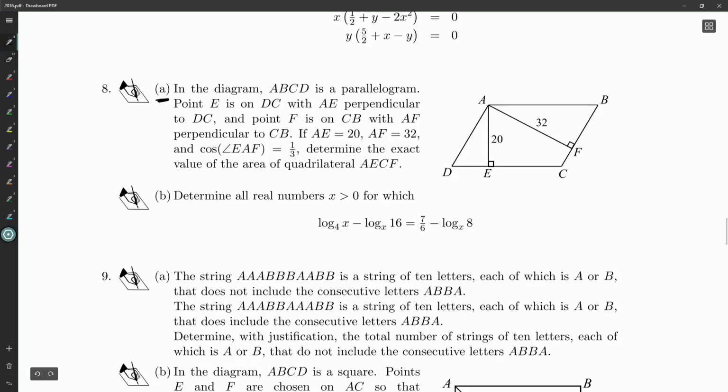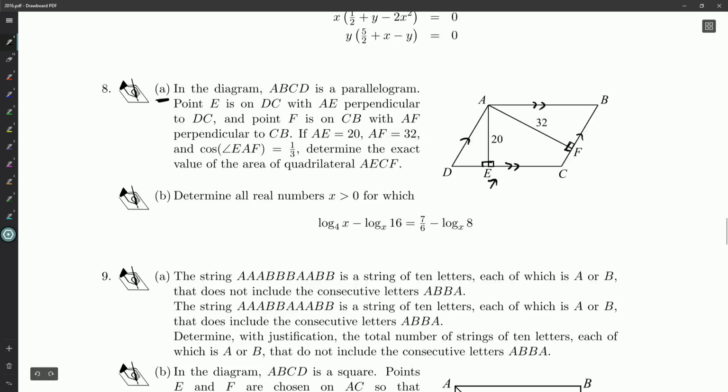So part A, in the diagram, ABCD is a parallelogram. So these two sides are parallel, as are these sides. Point E is on DC with AE perpendicular to DC. So we got a nice little perpendicular there. And point F is on CB with AF perpendicular to CB.